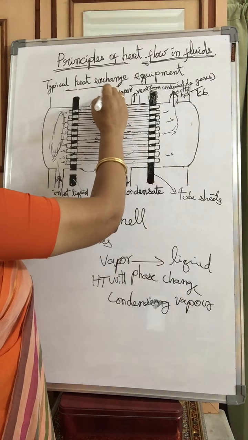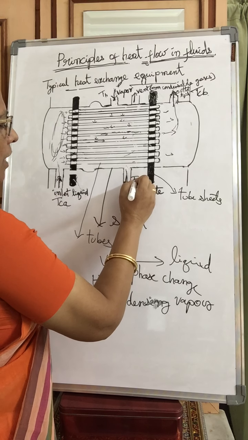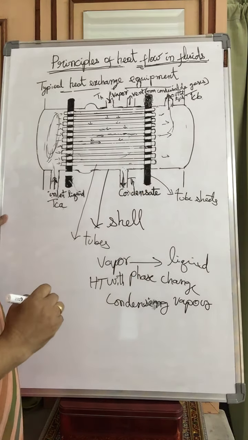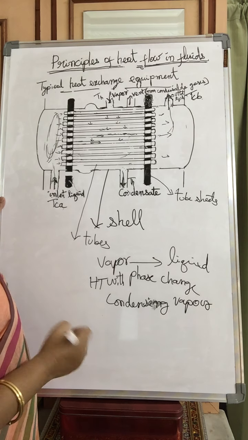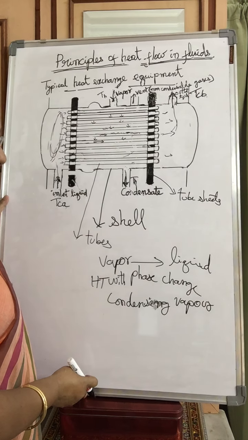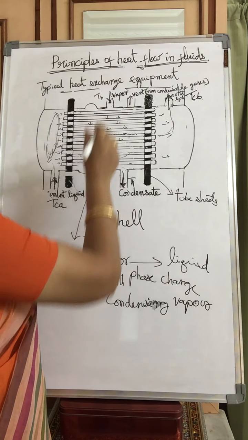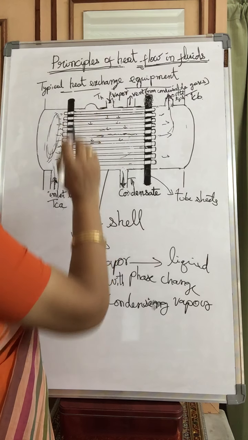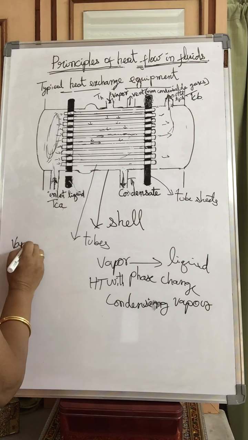Then what about TH? You may think THA and THB here, but no, because we are making two assumptions in this case of a condenser. If it is a heat exchanger, you will have THA and THB. But here, assume that the vapor is entering at its condensing temperature.